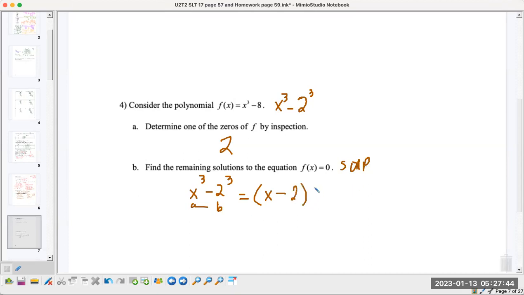Minus 2 times a squared, so that's x squared, opposite sign, plus a times b would be 2x, and always positive b squared. So that's going to give me 4. All right, I can set these 2 factors equal to 0 now to find my solutions. And then we're going to have x squared plus 2x plus 4.